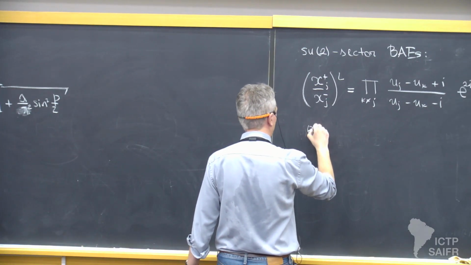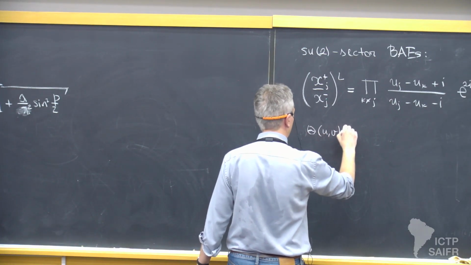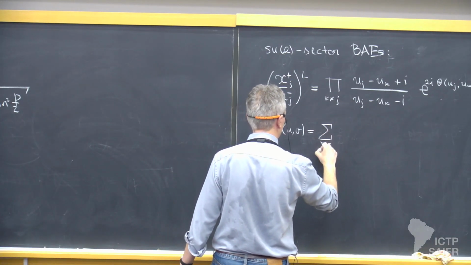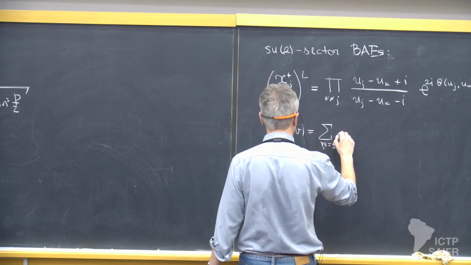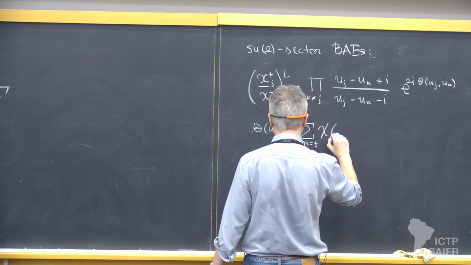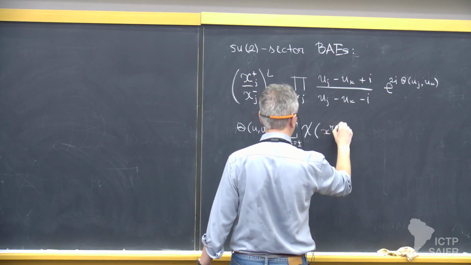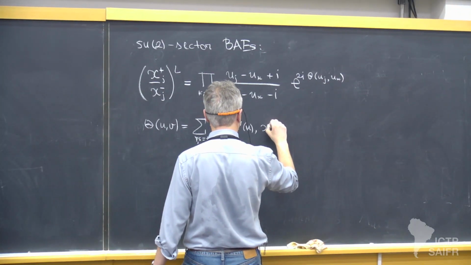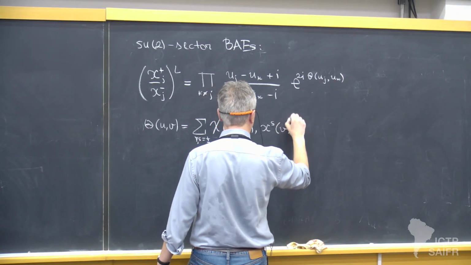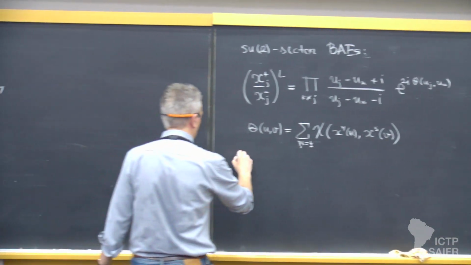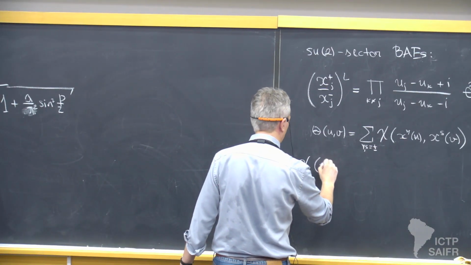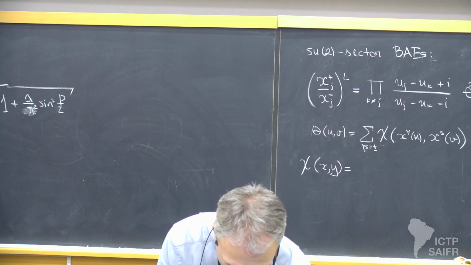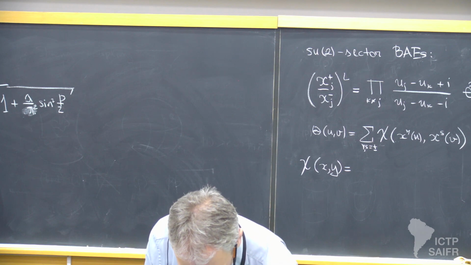So theta of u, v is equal to a sum of chi, s plus minus, and for chi one can derive the following integral representation, which I don't remember by heart.